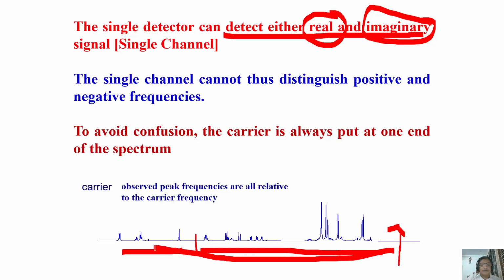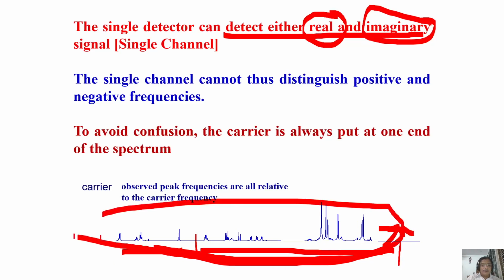I cannot distinguish. So to avoid confusion, in a single channel, when there is only one detector, the carrier is put at one end of the spectrum and the signal collected. The disadvantage is you cannot distinguish between positive and negative frequencies.